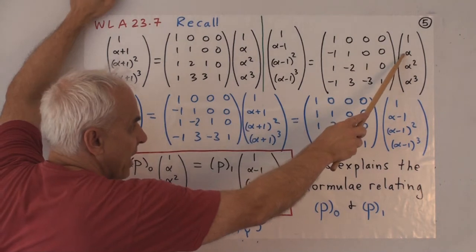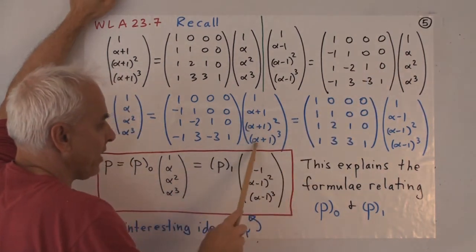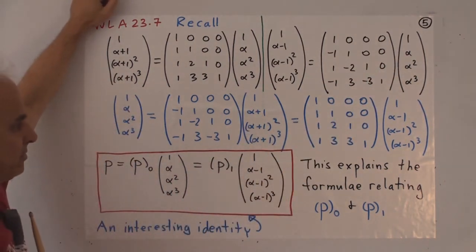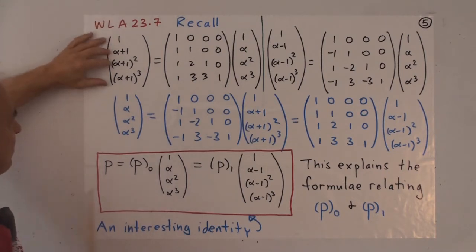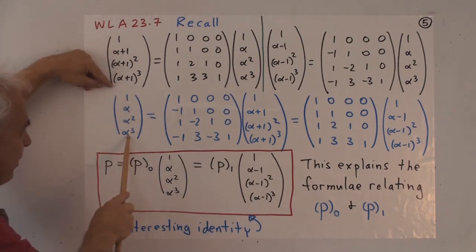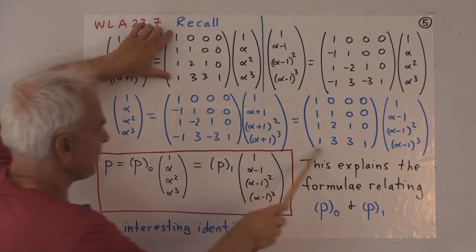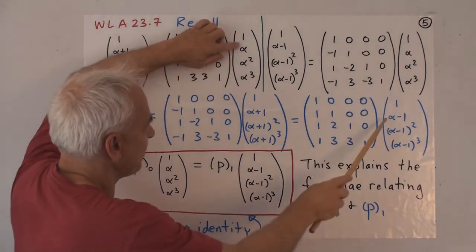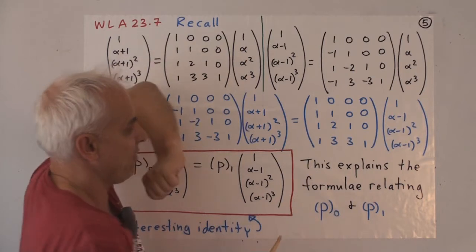And then these ones will become alpha plus 1 squared, alpha plus 1 cubed. On the other hand, if we take this equation here and we replace alpha with alpha minus 1, then we get this thing as well. And then we get this matrix still. And then these ones with alpha minus 1 involved.